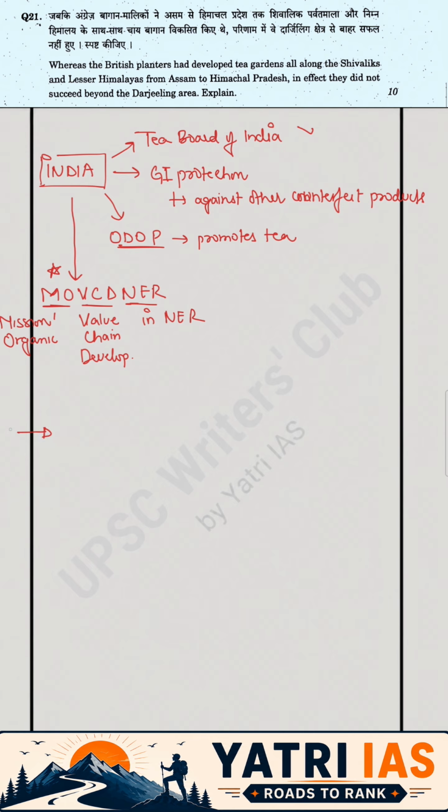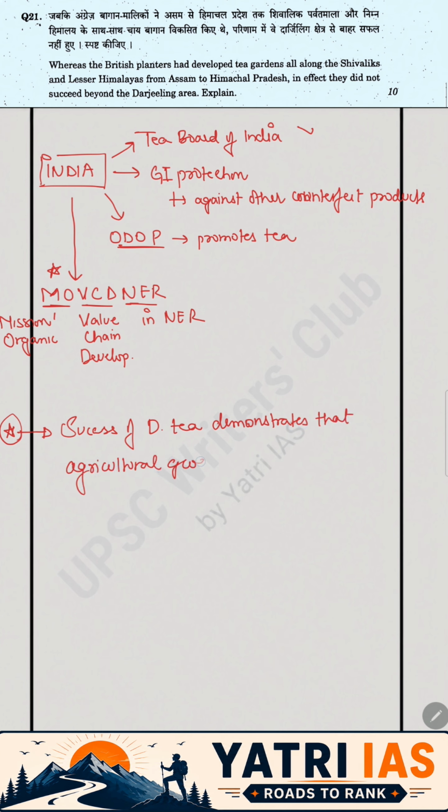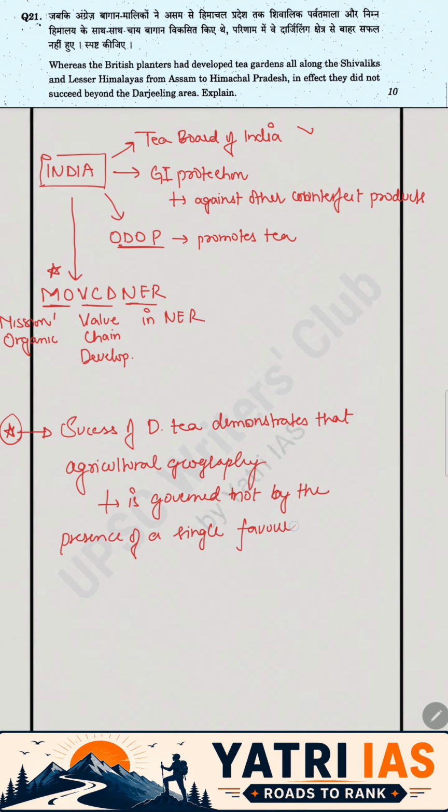And towards the end of your answer, we should mention that the success of Darjeeling tea demonstrates that agricultural geography is governed not by the presence of a single favorable factor, because we see a lot of conditions for its growth.